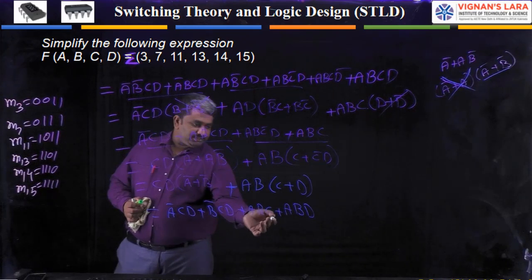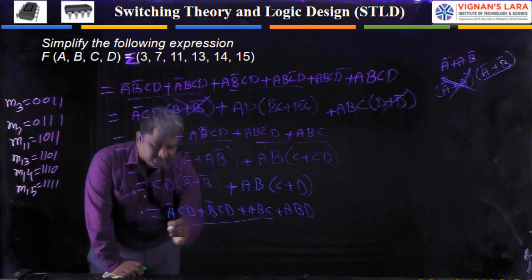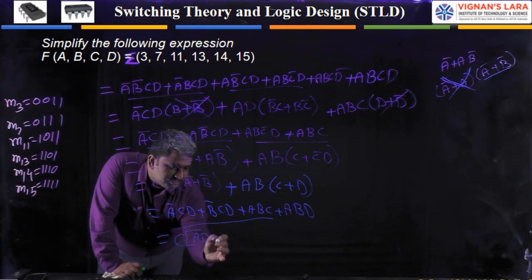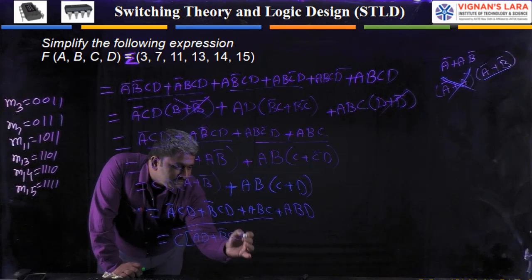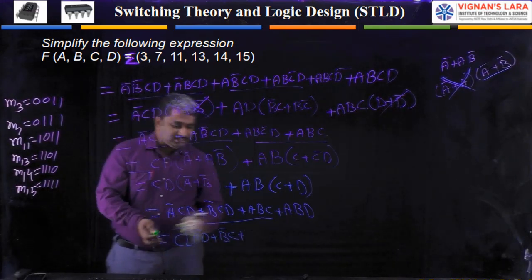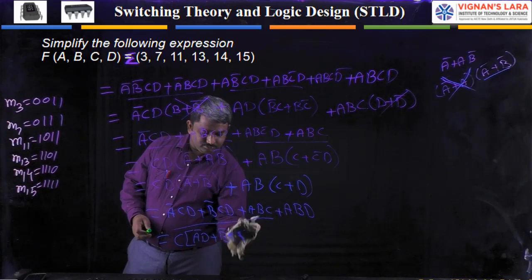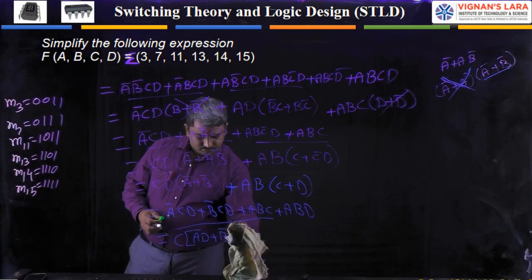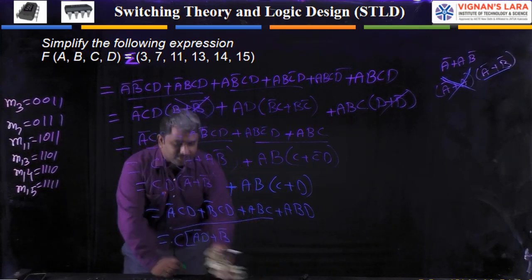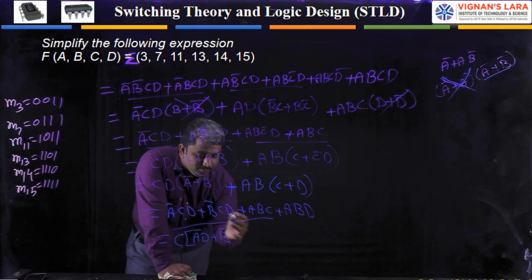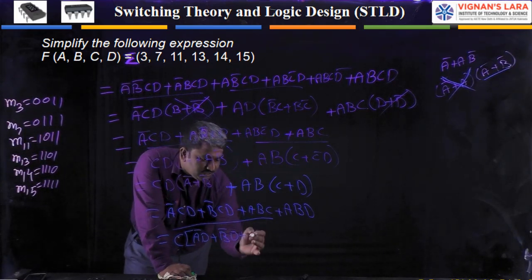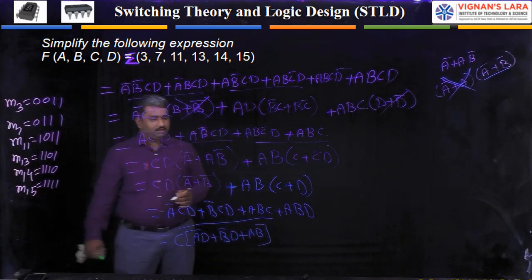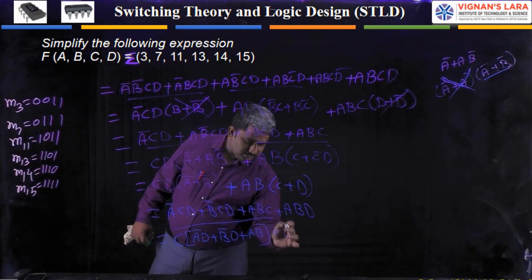So see here, from these three, we can take c common. After taking c common, we have a bar d plus b bar d, and next a b is there, plus a b d.